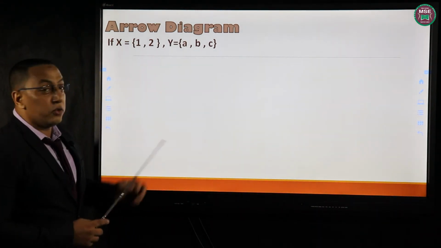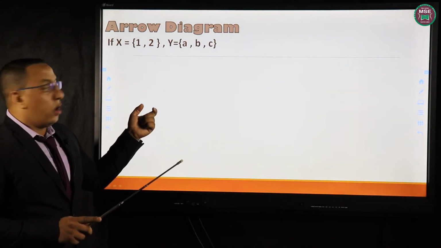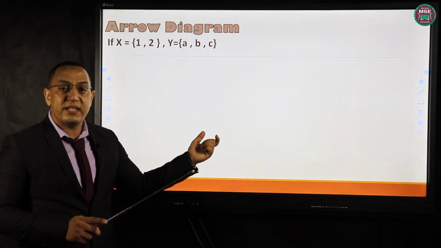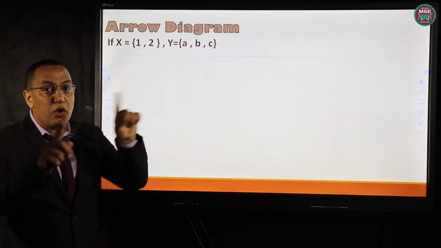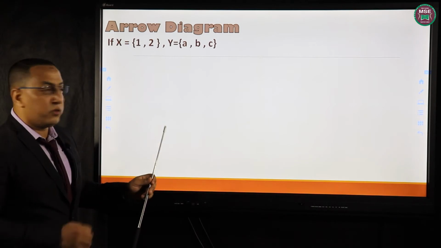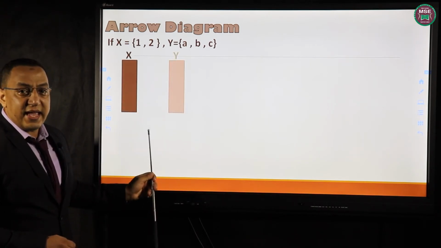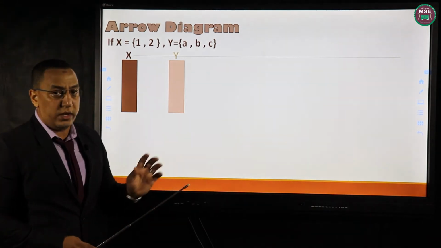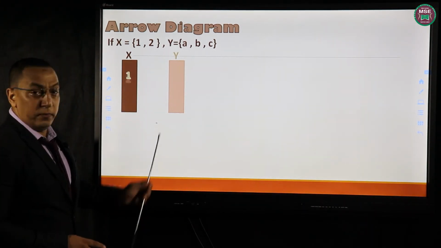Okay, first I'm going to draw a rectangle to represent the elements of X, and another rectangle to represent the elements of Y, or I can represent both of them in ovals. Okay, now I'm going to use rectangles like this. A rectangle represents X and another rectangle represents Y. Here the elements of X are 1 and 2.